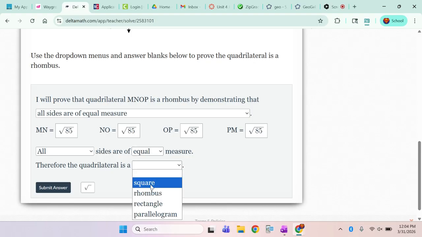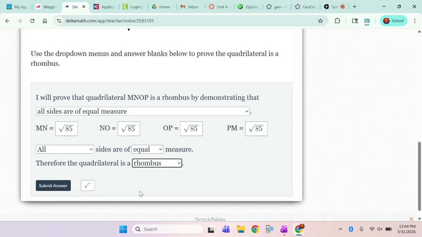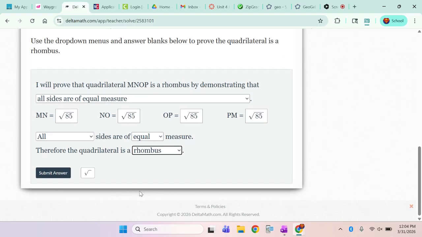Therefore, the quadrilateral is a rhombus like we want it. Any questions on that one?